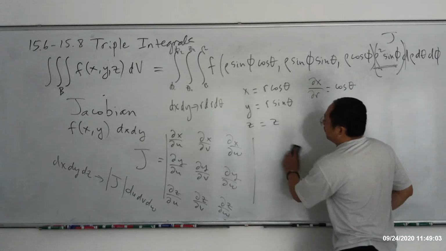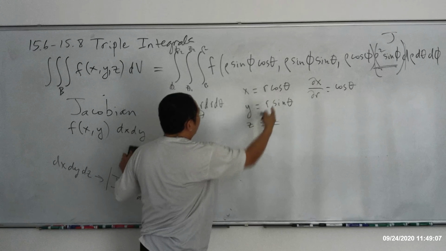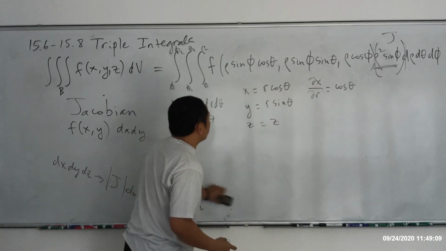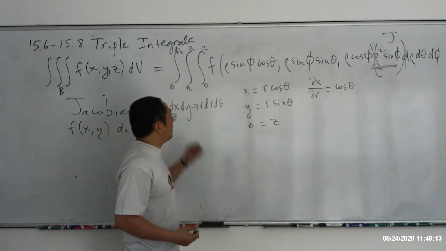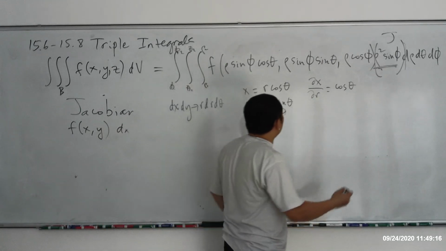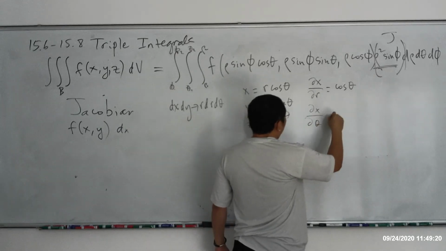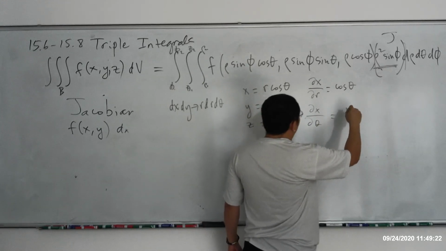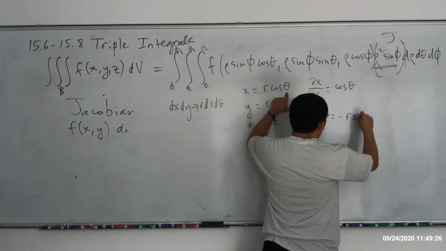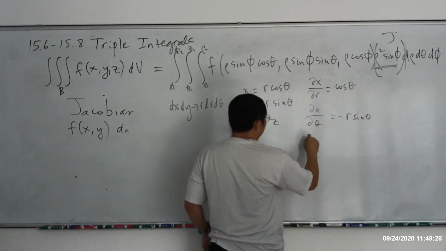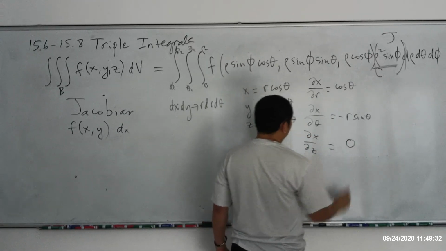To convince you, let me try one more with three variables. If I have x is r cosine theta, y is r sine theta, and z is just z, like a cylindrical coordinate. Okay, so dx over dr is cosine theta, dx over d theta is negative r sine theta, and dx over dz, the third variable z, is 0.